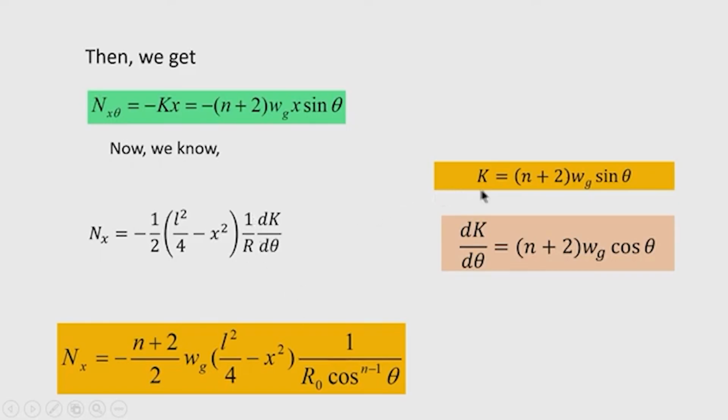So, if k is known as n plus 2 w g sin θ, differentiation of this quantity with respect to θ will give you n plus 2 w g cos θ. After substituting this in the expression, we get Nx is equal to minus n plus 2 divided by 2 w g L square by 4 minus x square 1 by r naught cos to the power n minus 1 θ. Okay. So, three membrane stresses we have evaluated.